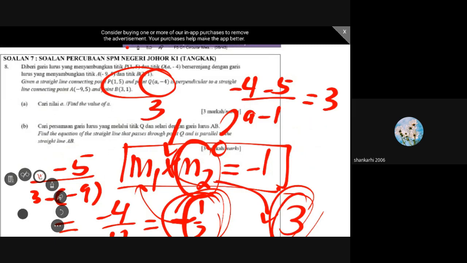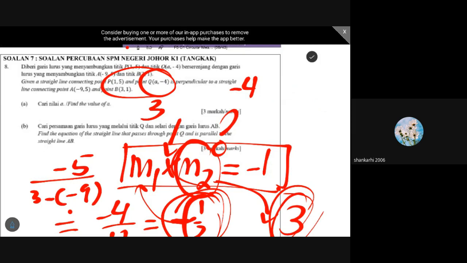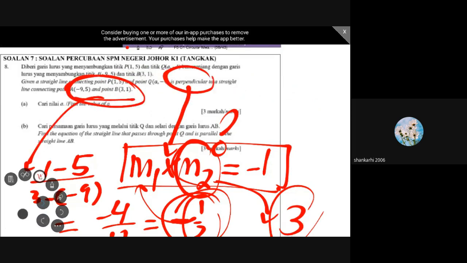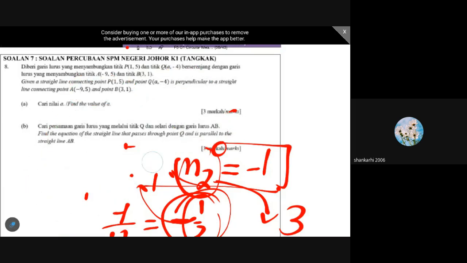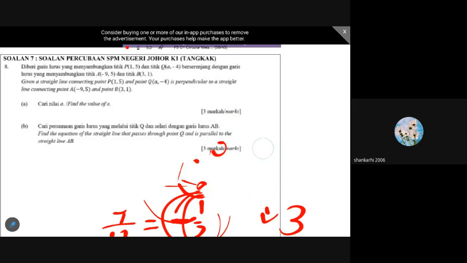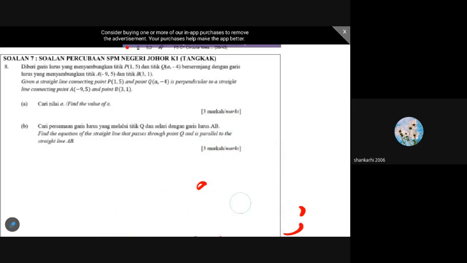Question B, they ask for the equation of the straight line that passes through point Q and is parallel to the straight line AB. Parallel to straight line AB, guys. What does parallel mean? What information can you get? Same gradient, correct. Very good.